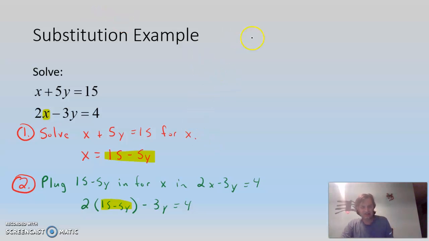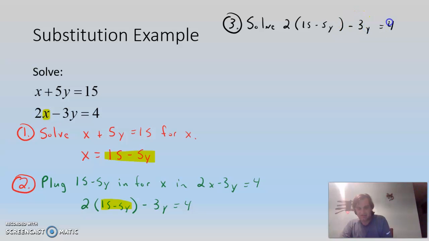So let's see here. Next we want to solve this thing that we've got, 2 times (15 minus 5y) minus 3y equals 4, for y, so that we can get the actual value. When I do that, I'll distribute. I'll multiply through by the 2, so we'll have 30 minus 10y minus 3y equals 4.